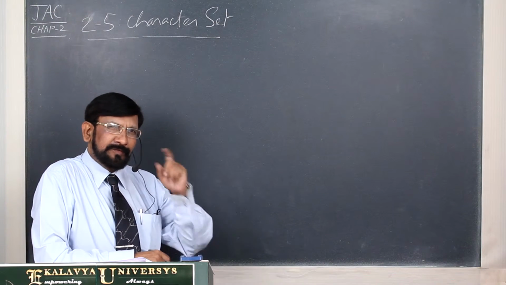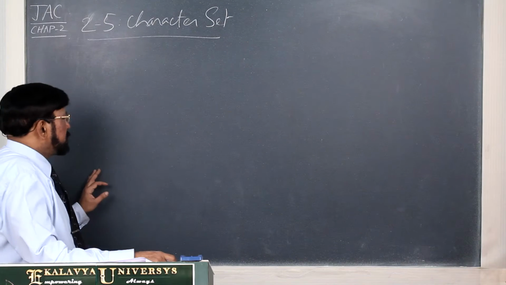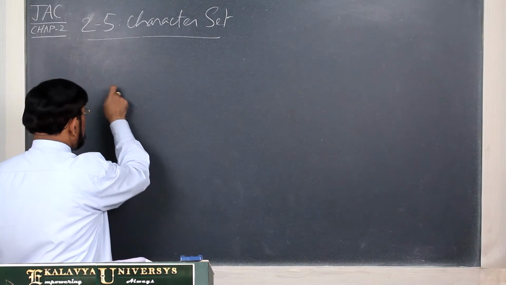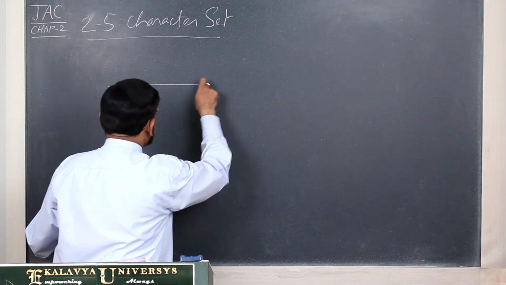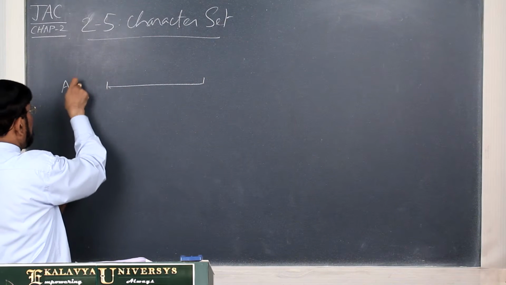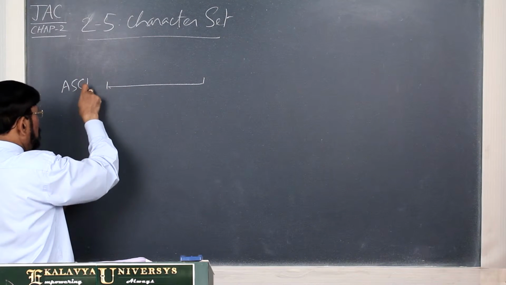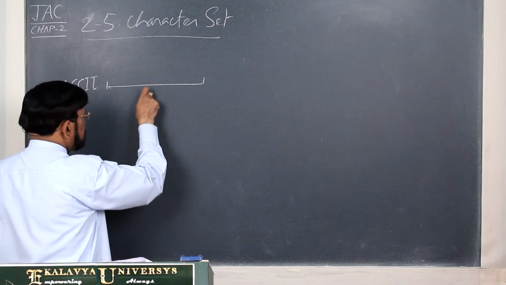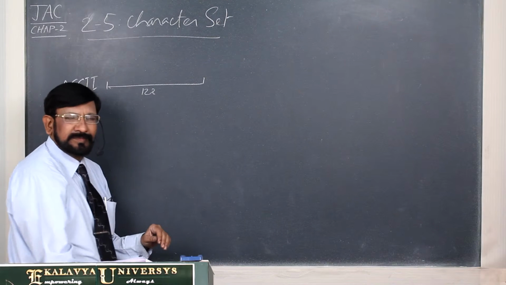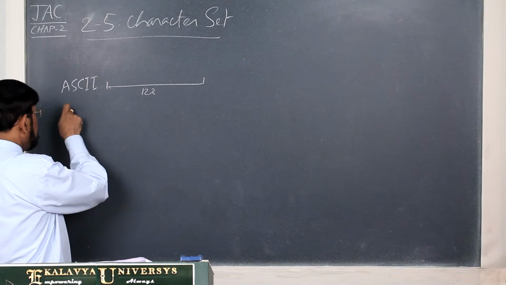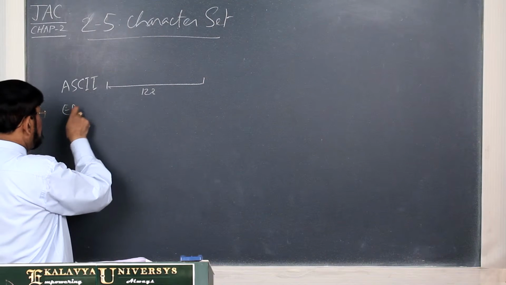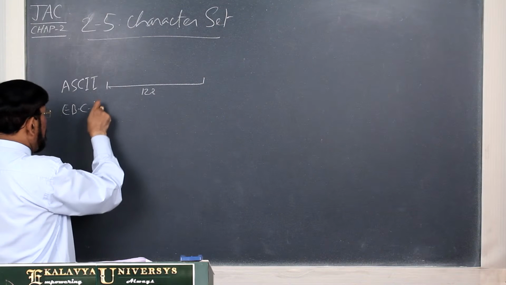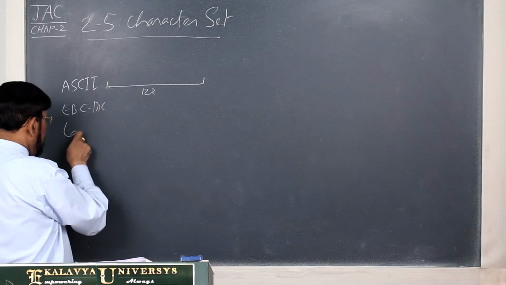In order to avoid that problem, a strategic approach is followed. Now you see, this is ASCII, American Standard Code for Information Interchange. ASCII has 128 characters. And this is EBCDIC. This is Latin 1.